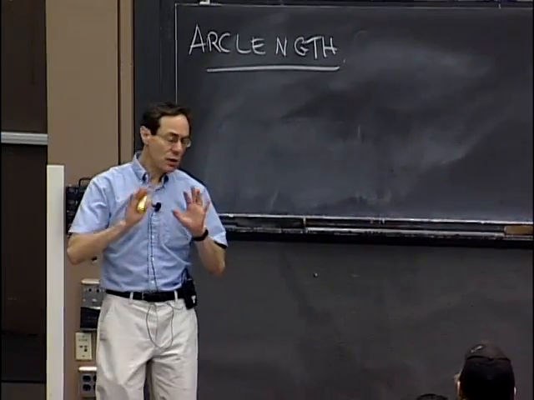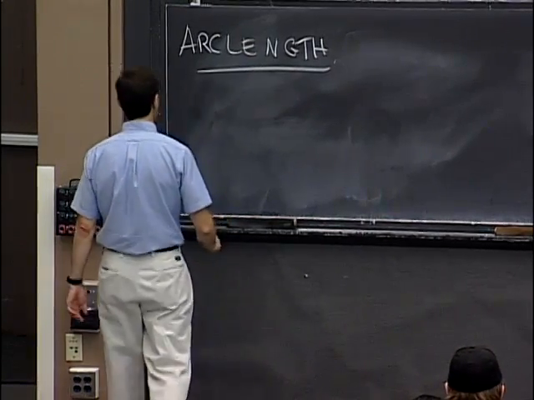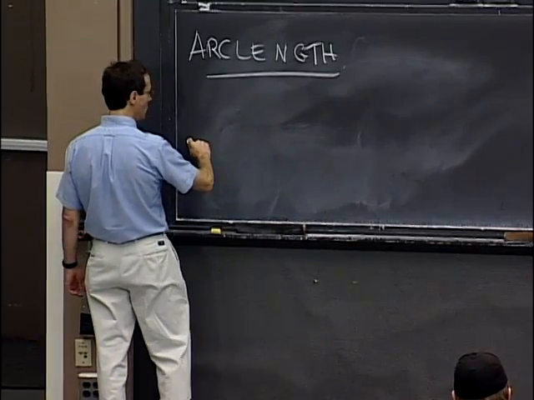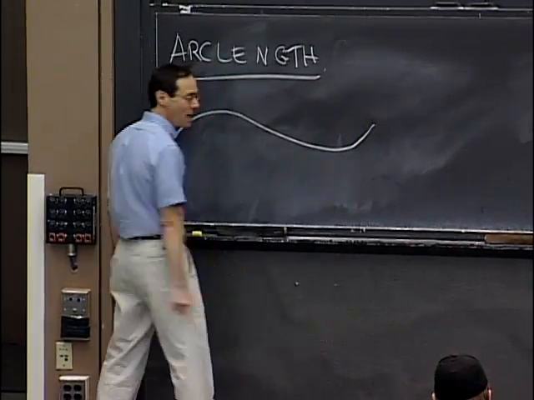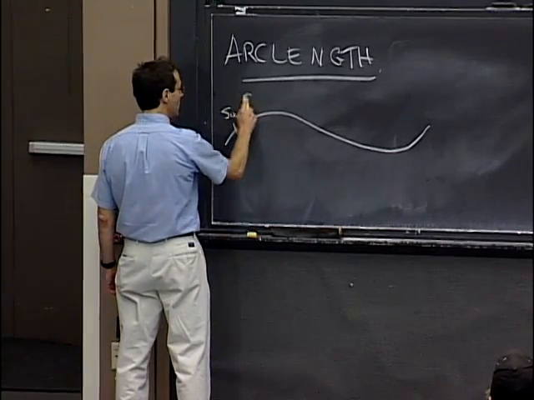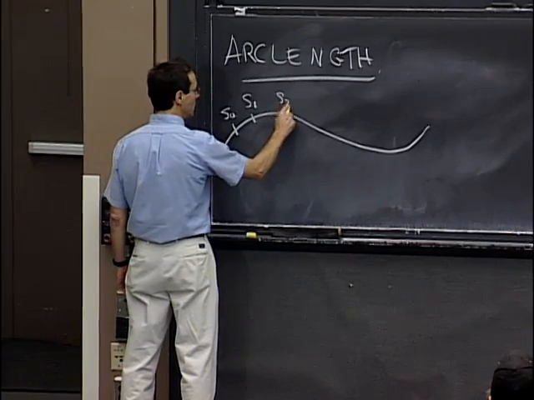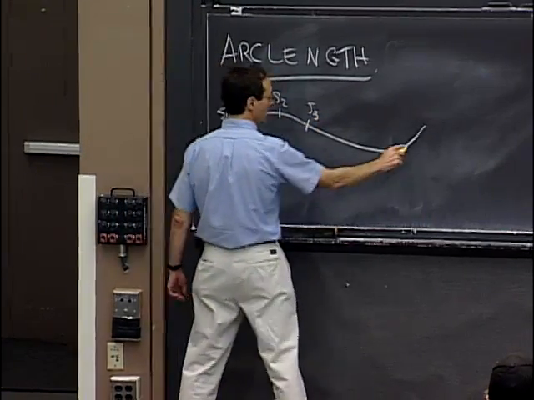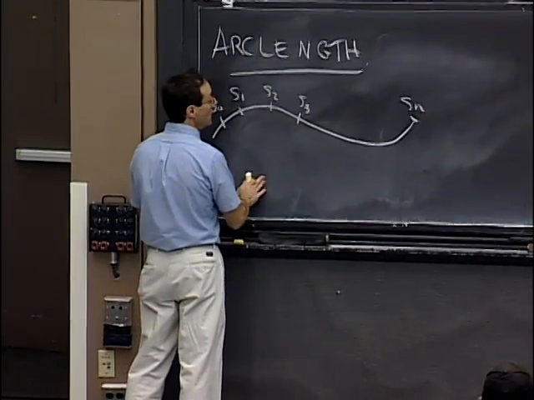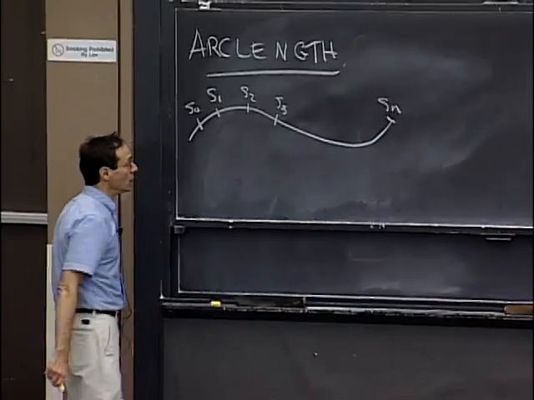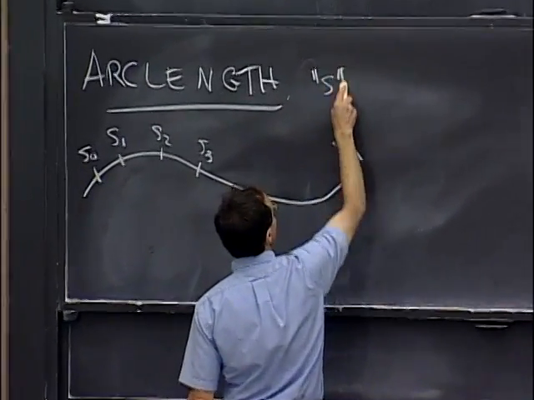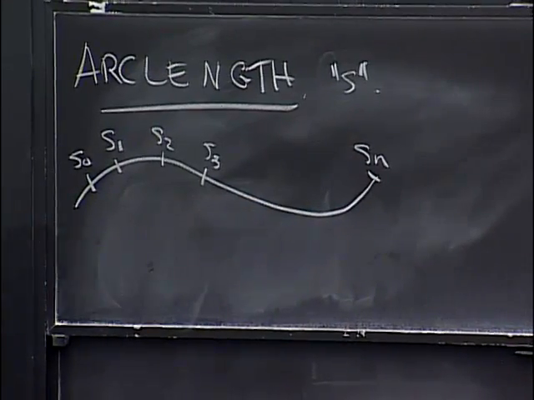Like all of the cumulative sums that we've worked on, this one has a storyline and a picture associated to it, which involves dividing things up. If you have a roadway, if you like, and you have mileage markers along the road, all the way up to, say, SN here, then the length along the road is described by this parameter S, which is arc length.